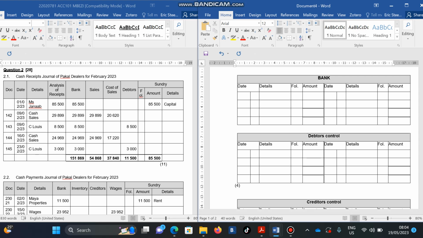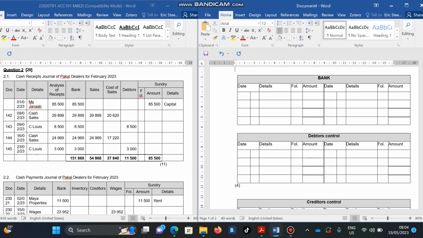Now remember we said if it's an asset, it will increase on the debit side and decrease on the credit side. If it's a liability, it's going to decrease on the debit side and increase on the credit side. So anything from the bank in the cash receipts journal will increase our bank. Anything from the bank in the cash payments journal will decrease our bank.